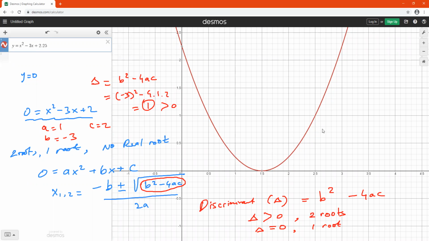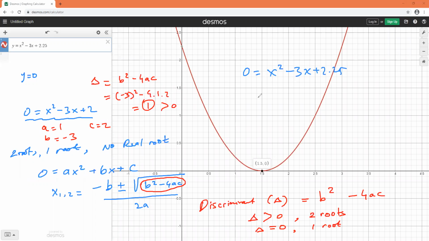You can see this parabolic graph only touches the horizontal axis at one point, 1.5, which shows that you only have one solution or one root when solving 0 equals x squared minus 3x plus 2.25.